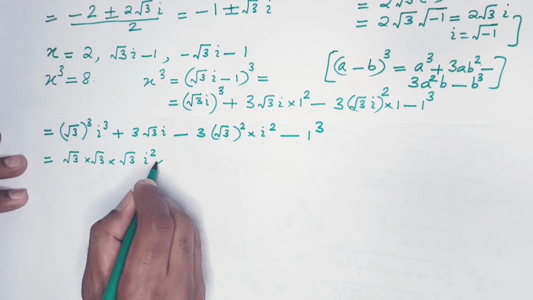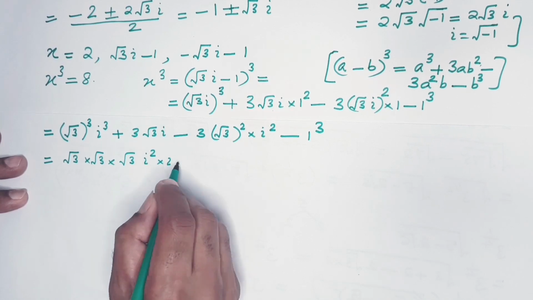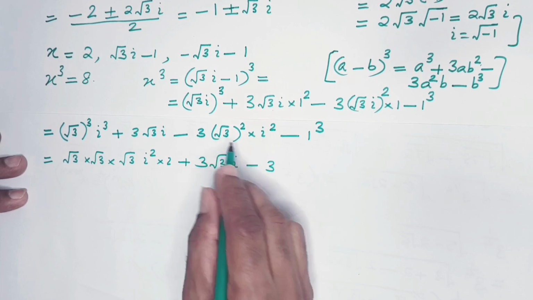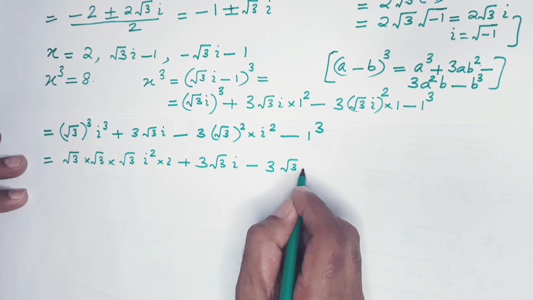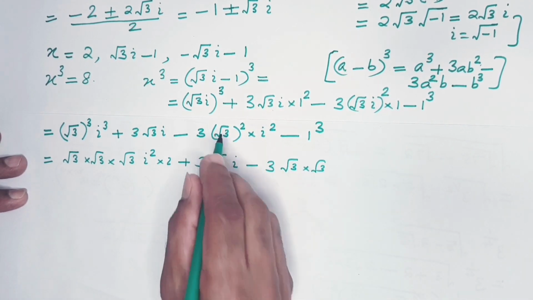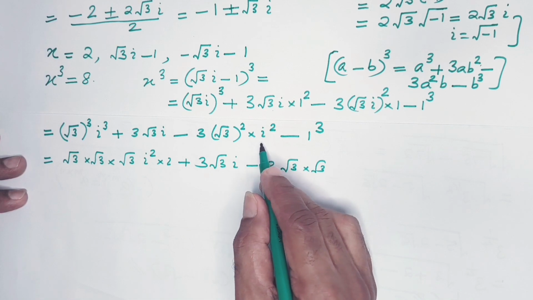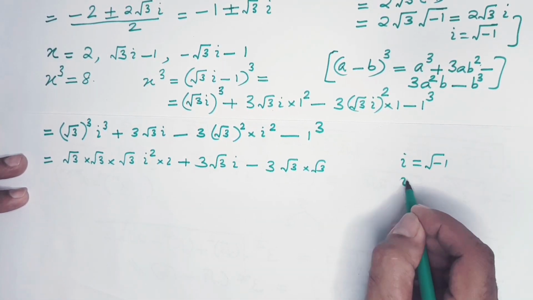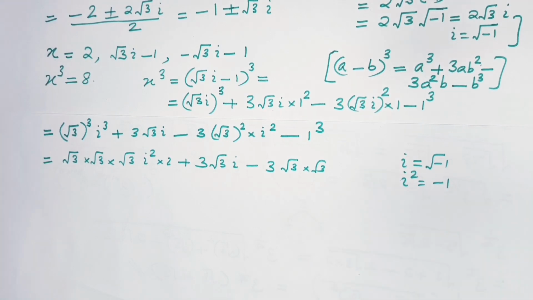You can split it like this: i squared multiplied by i, plus 3 root 3i, minus 3 times root 3 multiplied by root 3, then comes the i squared. See, i equal to root minus 1, so i squared will be just minus 1.